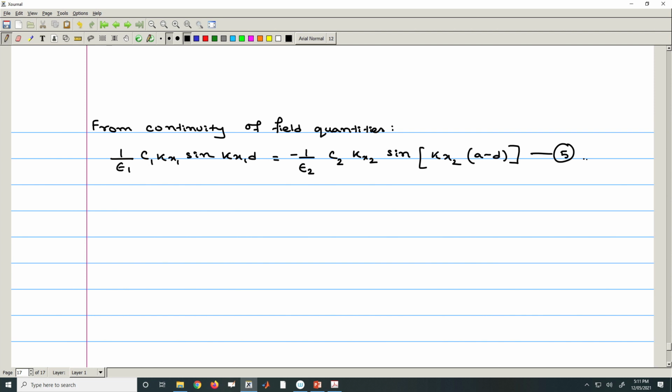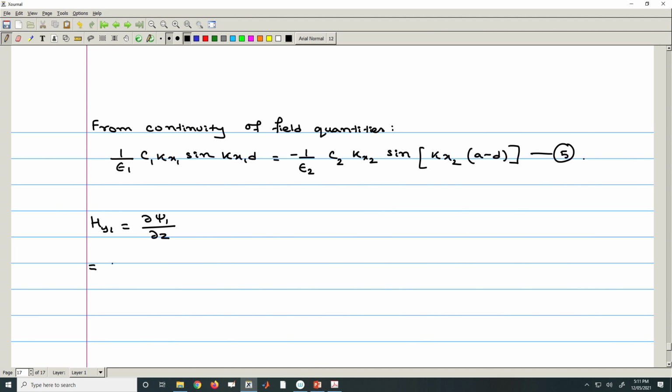Now, we will find out h y 1, h y 2, h z 1 and h z 2. Okay. So, we know h y 1, we can write it down like del of psi 1 upon del z. So, we will have just one differentiation with respect to z.